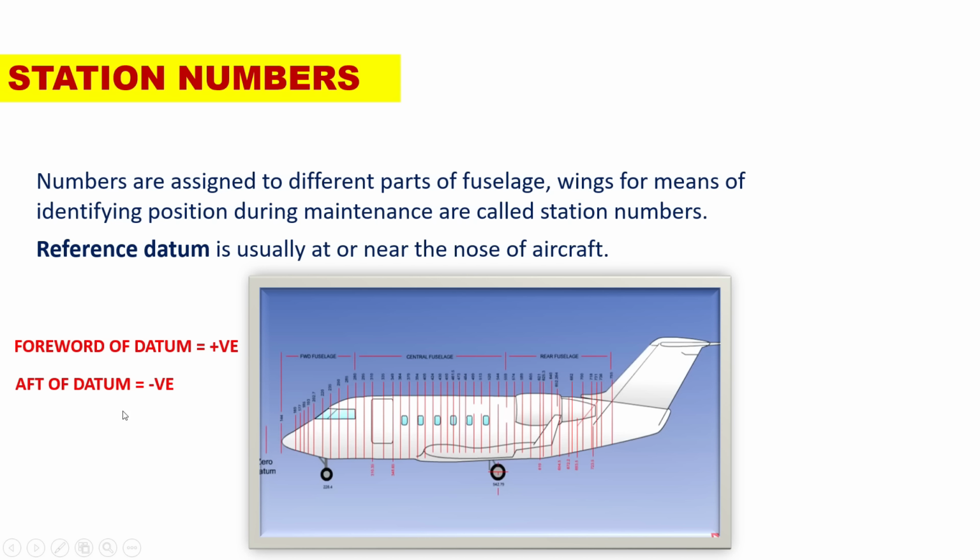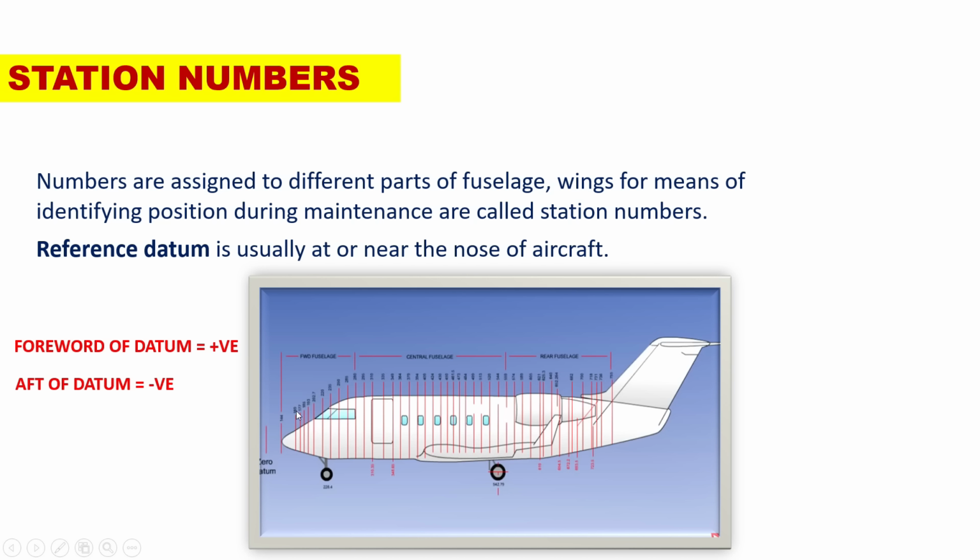And the things that are forward of the datum, that is, if there is a part somewhere ahead here, then it will be considered, forward will be in this direction, to the right side. Right will always be forward. So this is the zero datum, and if I have something on this side of the aircraft, it will be considered positive.